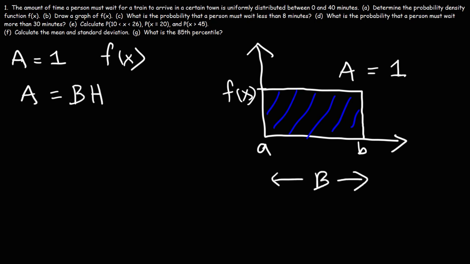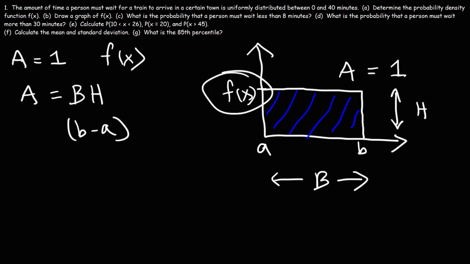So the base is basically, as you can see, b minus a. Now what about the height? The height of the rectangle is right here. Notice that it's equivalent to f of x. So let's replace h with f of x. And the area for any continuous probability distribution problem is 1.